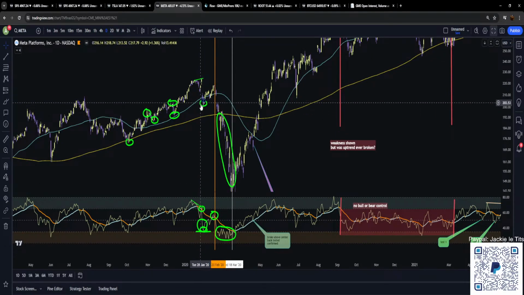But all that sharp move down was a higher low and a rejection of the bear zone, i.e. the bears don't have control yet.